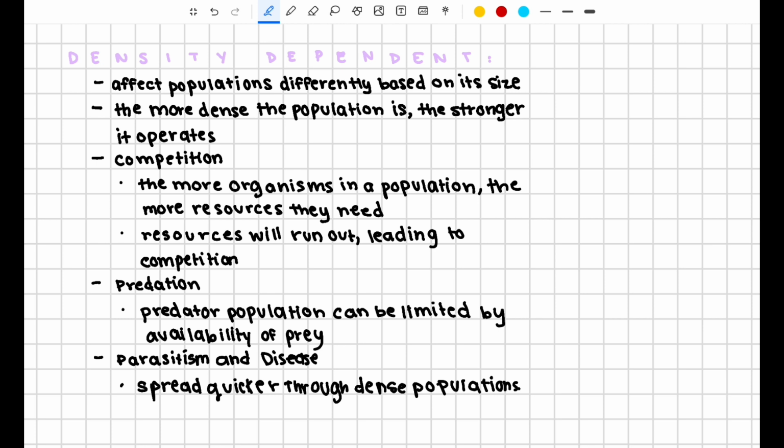Smaller scattered populations are less likely to catch disease themselves, first of all, because they're in solitude and don't have much interaction with other animals. But if they were to get a disease or parasite, they would have less chance of spreading it to somebody else, and that disease or parasite might just die with them. And so that's why density-dependent factors usually only really affect larger, more dense populations.